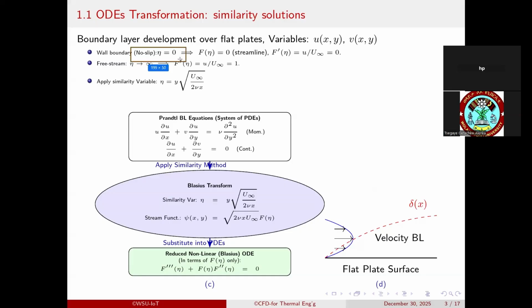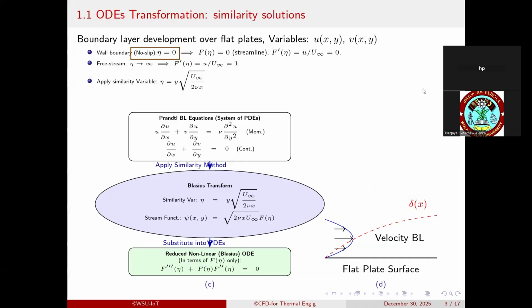First is a thin boundary layer, where the boundary thickness delta is much thinner compared to the streamwise flow dimension L. That means the boundary thickness is much smaller than the length of the flow. The second assumption is that streamwise gradients are considered negligible compared to all normal gradients.